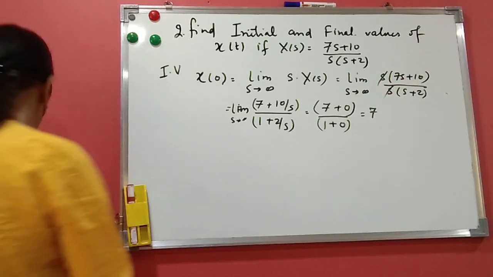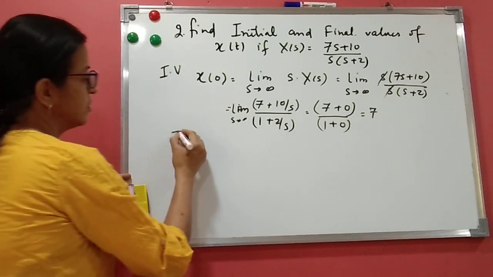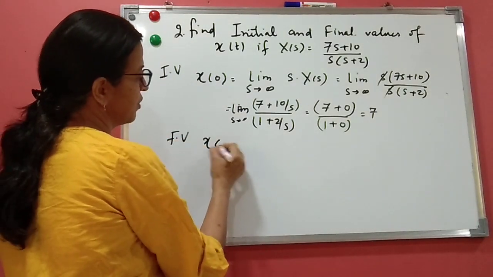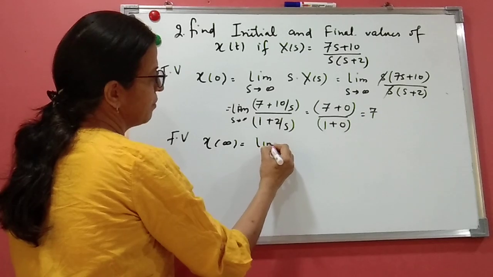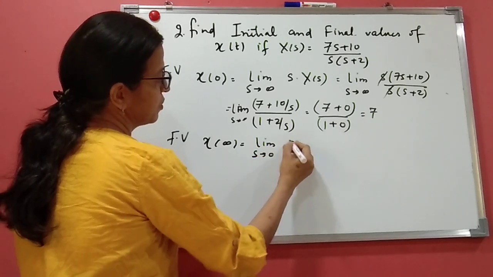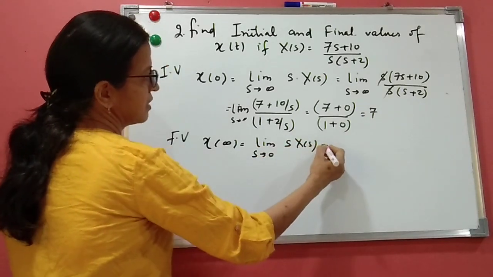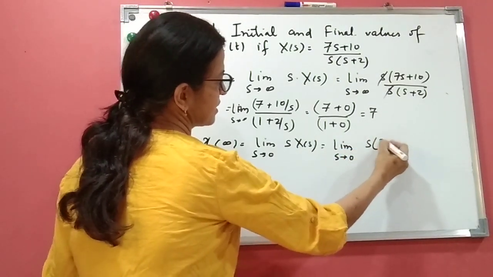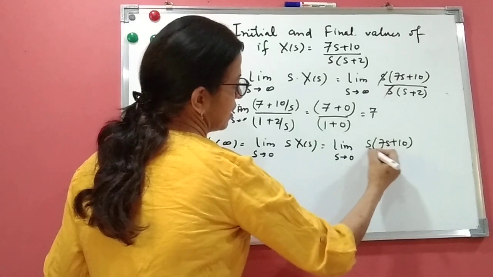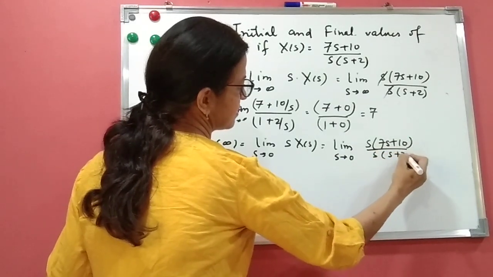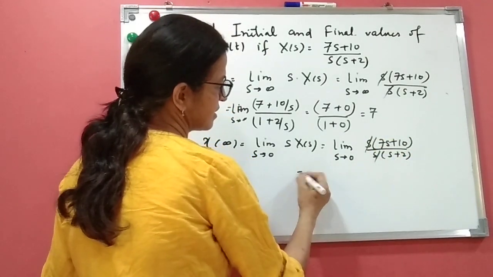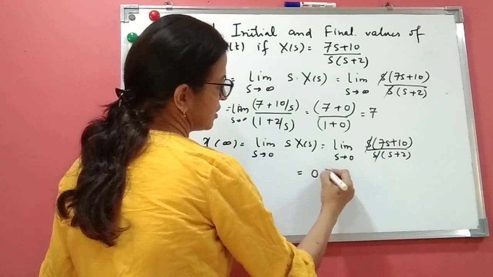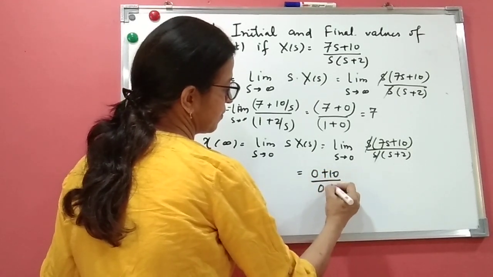Definitely 0. Yes. Now the final value is x of infinity equals the limit s tends to 0 of s X of s, equals the limit s tends to 0 of s times (7s plus 10) upon (s plus 2). This s gets cancelled. You put the value here, 0 plus 10 upon 0 plus 2.